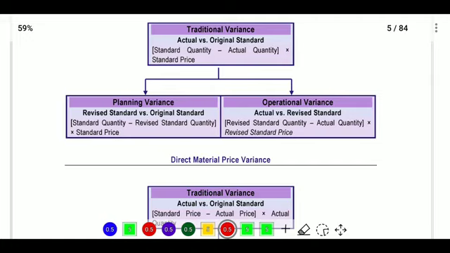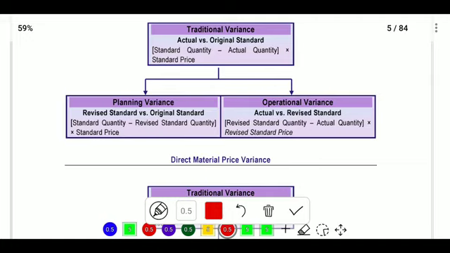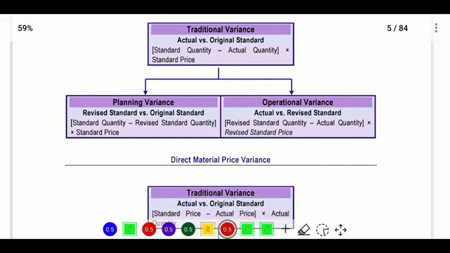Next, we have formulas for that. For traditional variance, what is the formula? Firstly, we will see the material. For material we have quantity and price. Maybe a change in quantity or maybe a change in price.